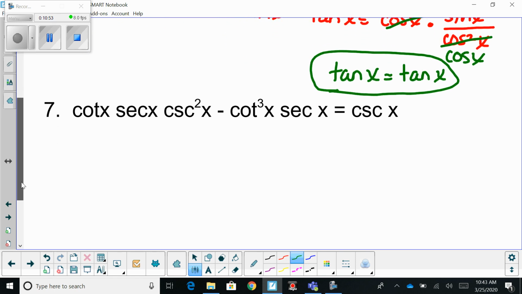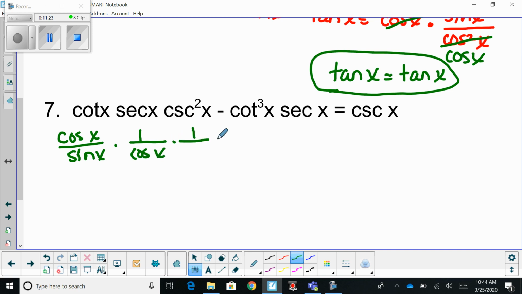All right, number 7. It looks like it has a lot going on. Obviously, I'm starting on the left. I'm going to first start with switching to sines and cosines and see if that helps. A lot of times, you have to back up and start over, but that's my first thought always. So cotangent x is cosine x over sine x. Secant x is 1 over cosine x.